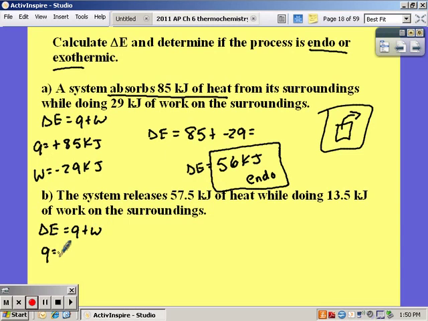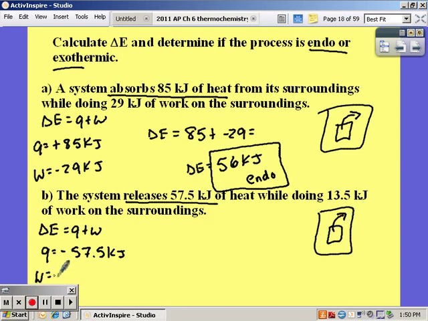Q, it releases 57.5 kilojoules, which makes it exothermic or negative. And work, it says that the work is done on the surroundings. So the system's doing work on the surroundings, making it exo or negative as well.